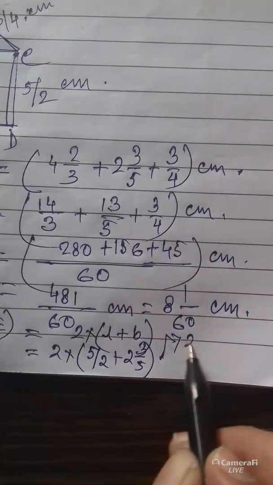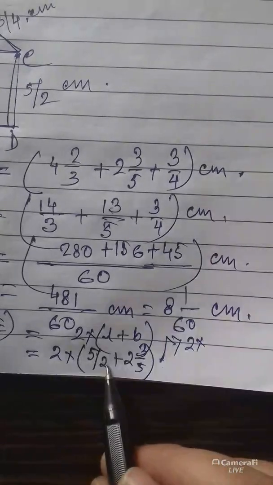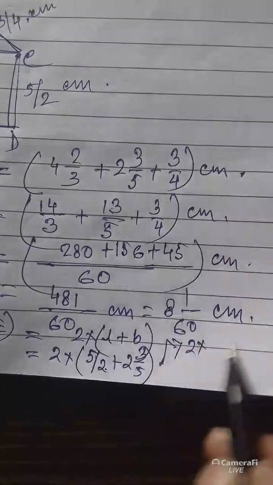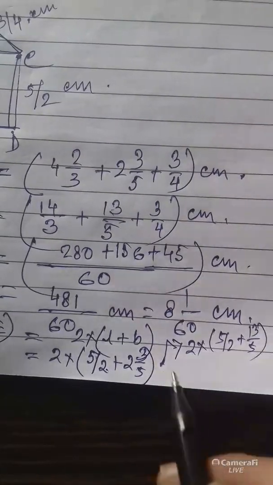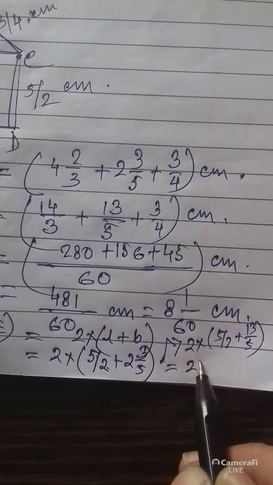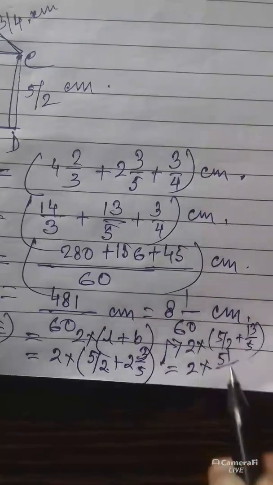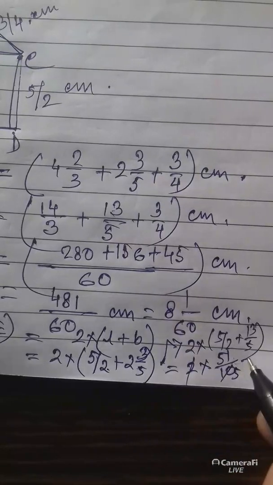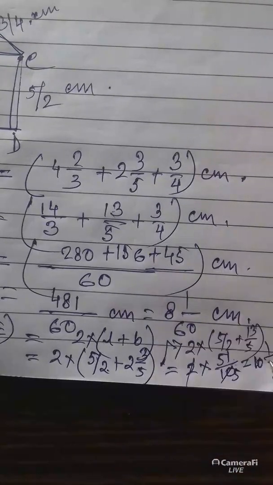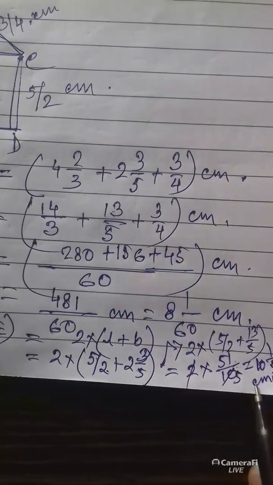Now 2 into 5 by 2 plus 13 by 5, 2 into 51 by 10, 2 5 ja 10 means 10 whole 1 by 5 centimeter. This is the perimeter of the rectangle.